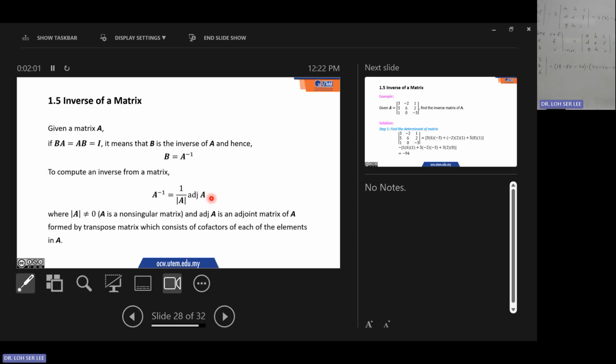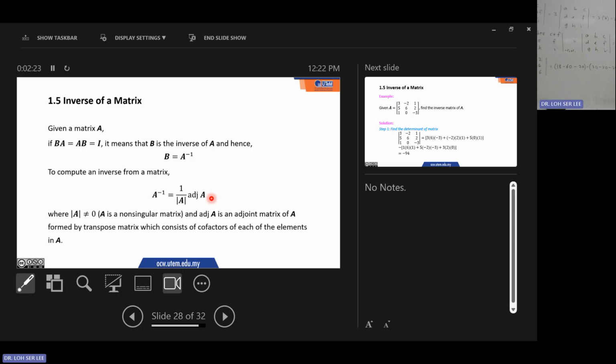For those who haven't done the exercise just now, you can complete it at your own time. Look at here now, because normally from past experience, quiz 1 has to do with the inverse of a matrix, that means this topic.